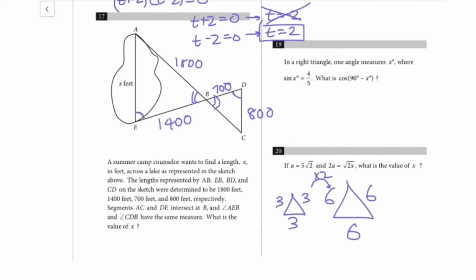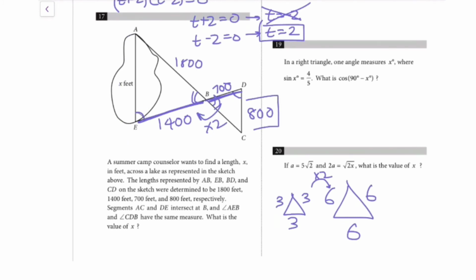So over here, all we need to do is figure out what the multiplier is to convert the smaller triangle into the bigger triangle. So I noticed that these two sides are correspondent with each other, and the multiplier is 2 because 1,400 divided by 700 is 2. So then I'm going to look at which side is correspondent with the AE side.